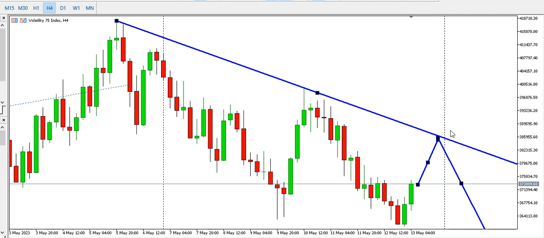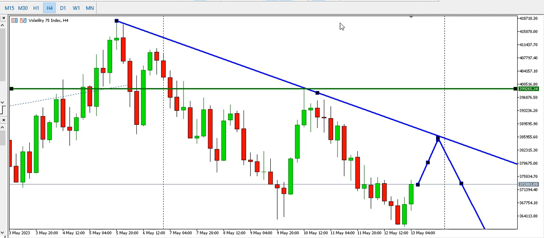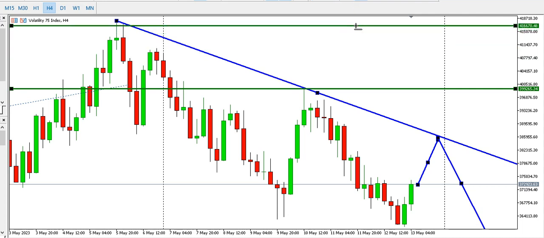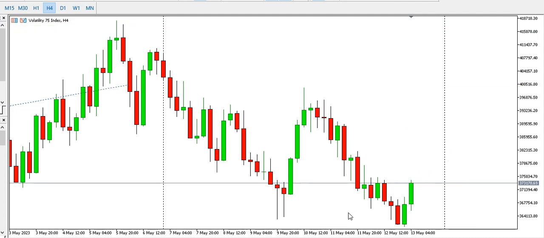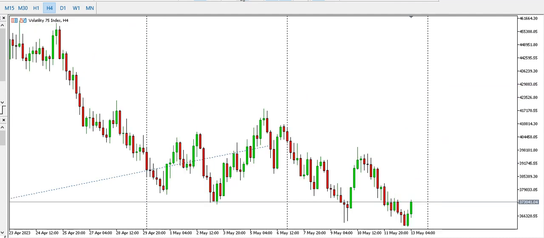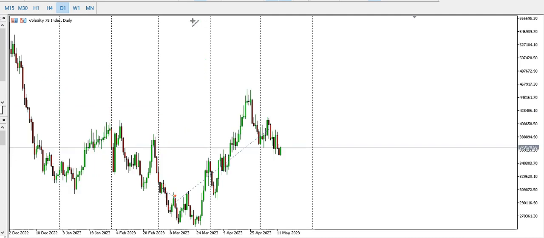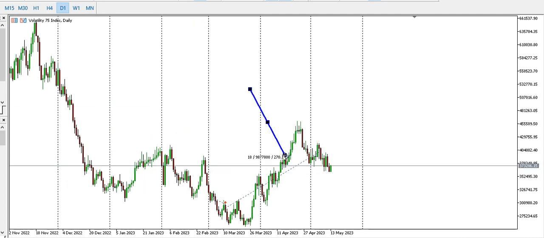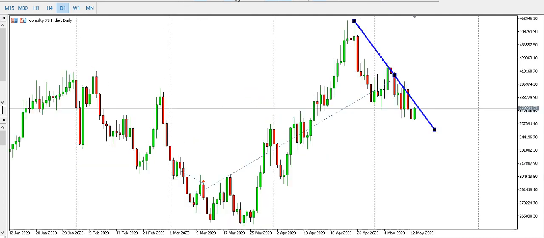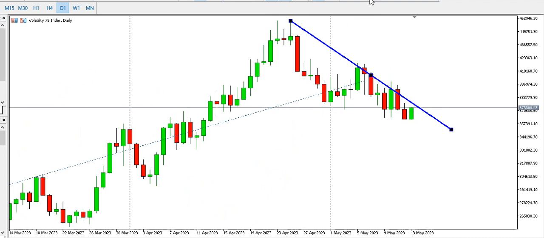But if it breaks, then we might have a double bottom, then a break of this neckline, and then a test of this high, and then we'll say we have a reversal of the retracement, because on the daily time frame this down move is still a retracement of this particular up move.